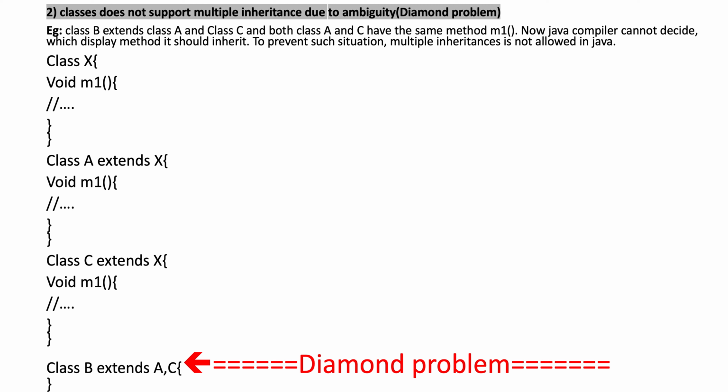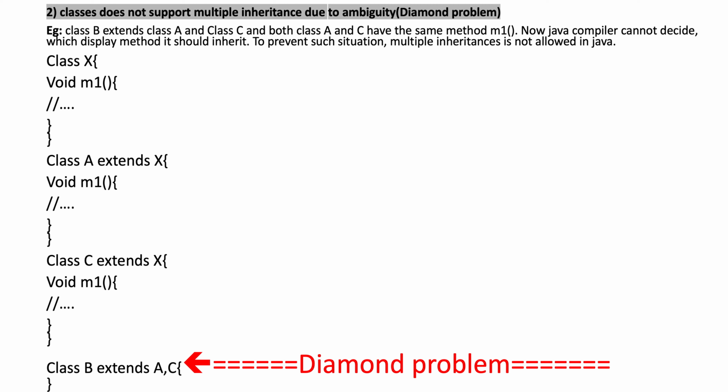One important thing that we need to note is that classes don't support multiple inheritance, and this is due to an ambiguity, which we call the diamond problem. For example, here I have created four classes: class X, class A, class C, and class B. Among these classes there is a relationship.